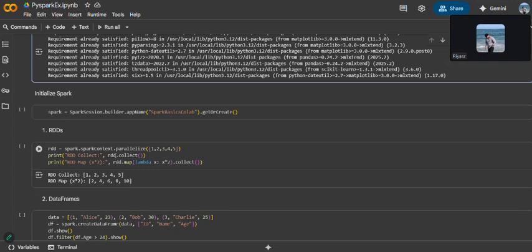So we will get the output as 1, 2, 3, 4, 5. RDD map x into 2 means it will multiply each given value, like x equal to 1, x equal to 2, x equal to 3, x equal to 4, x equal to 5. So 1 into 2 is 2, 2 into 2 is 4, like that we'll get the values.